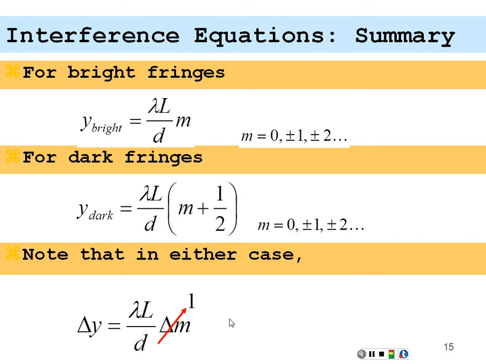So we would have that our change between successive fringes, either bright or dark, will be equal to the wavelength times the length to the screen divided by the distance between the slits.